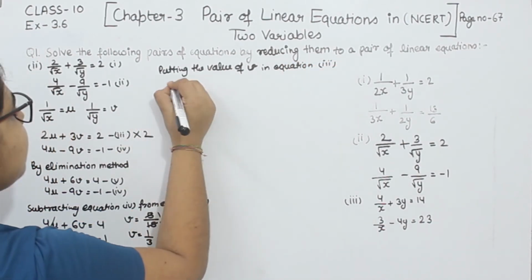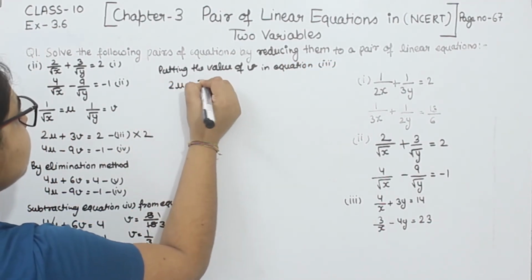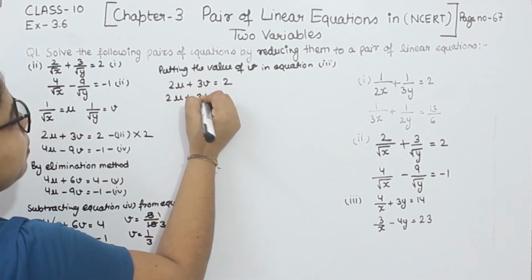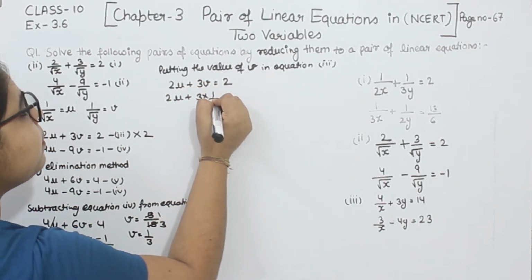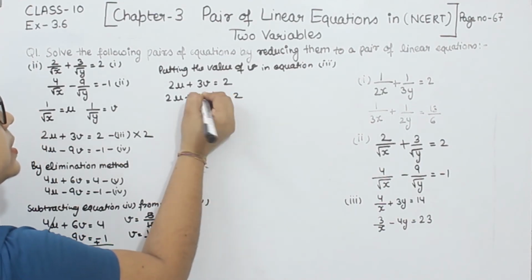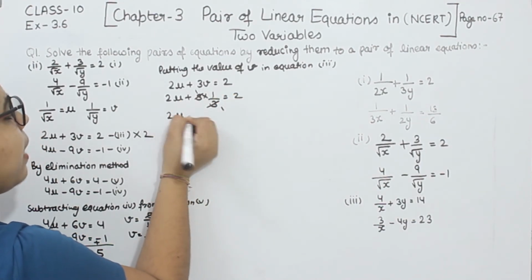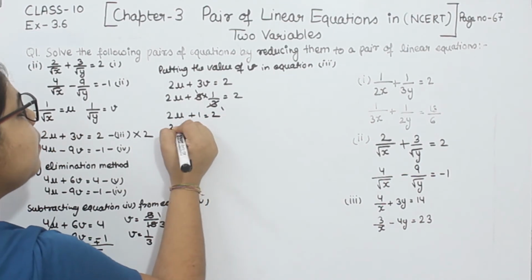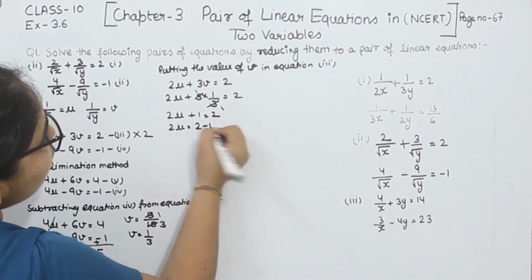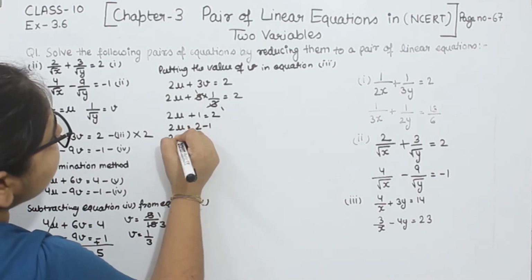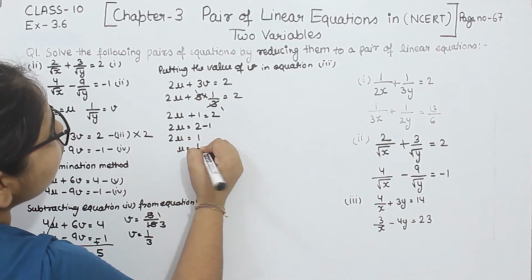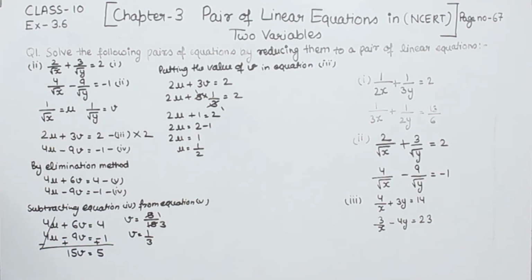Equation number 3 is 2u + 3v = 2, so 2u + 3 multiplied by 1/3 = 2. Now 3 ones are 3, 3 ones are 3. So we have 2u + 1 = 2. We transpose this 1 from the left hand side to the right hand side, plus becomes minus, so we have 2u = 1. The value of u is 1/2.